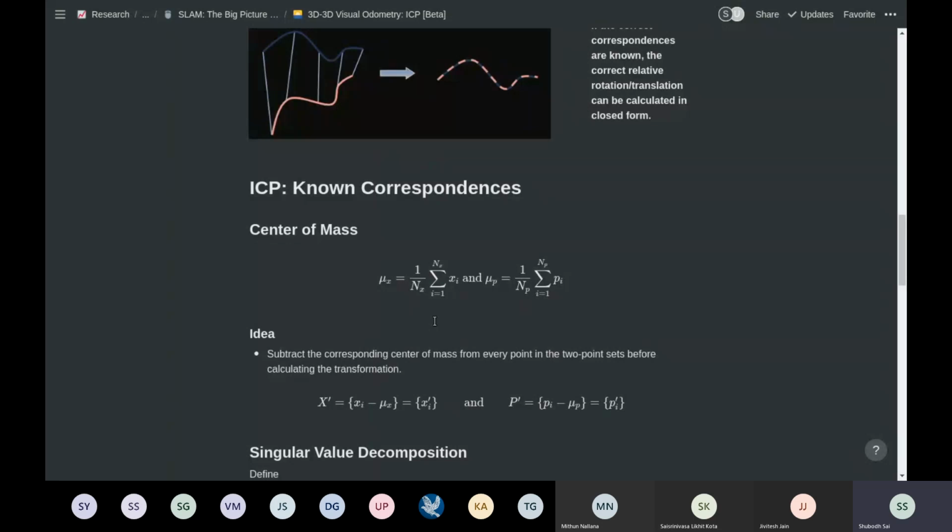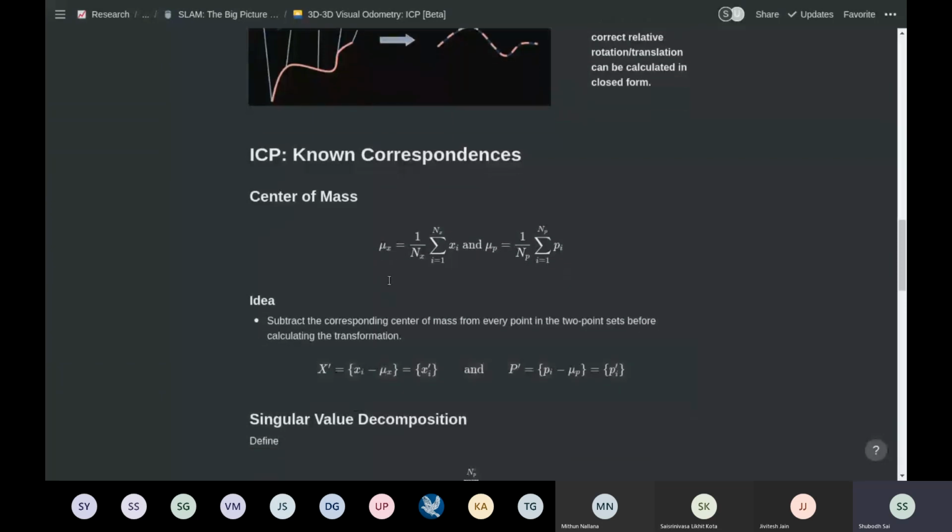But what does it mean? You defining it in your frame doesn't make much sense. Since they both correspond to the same object, you want to define it in its own frame, with respect to its center of mass. So you find the center of mass of the first point cloud and the second point cloud, and then subtract each point from that centroid.